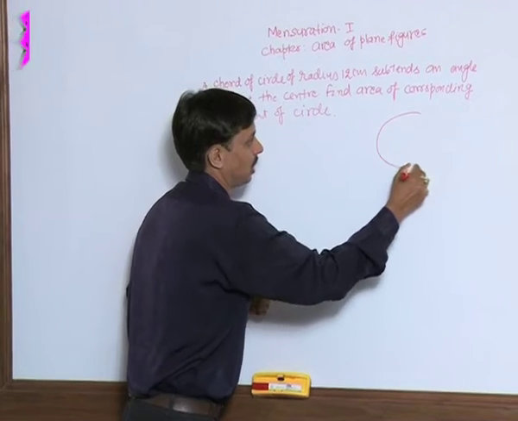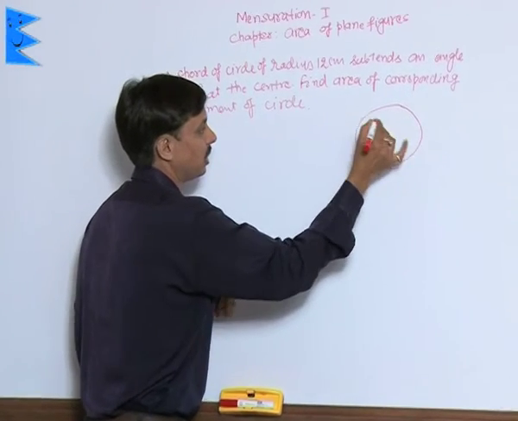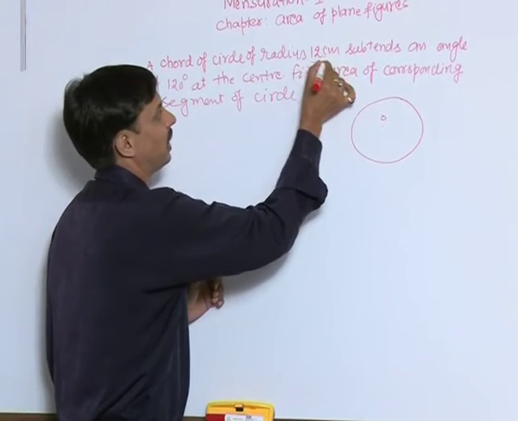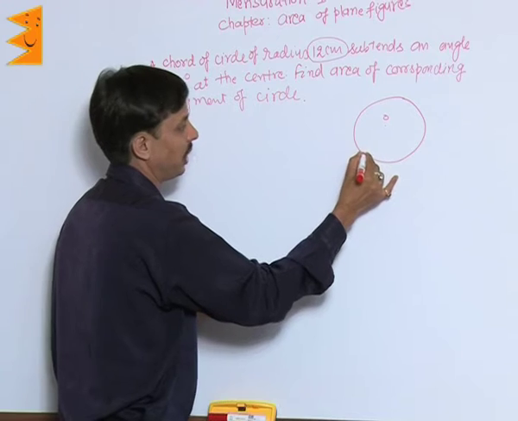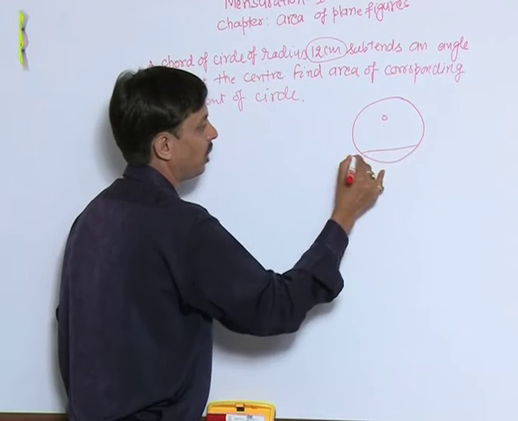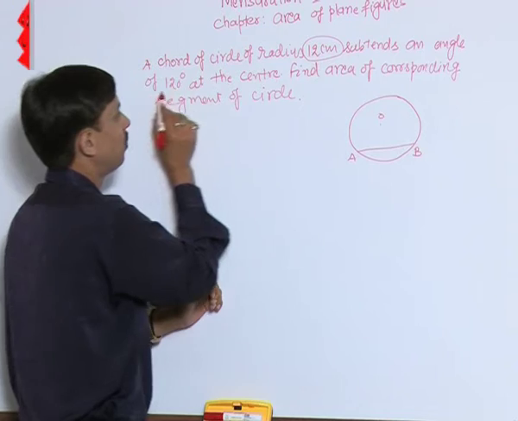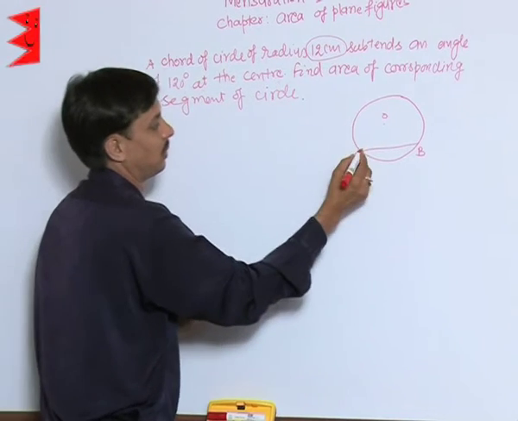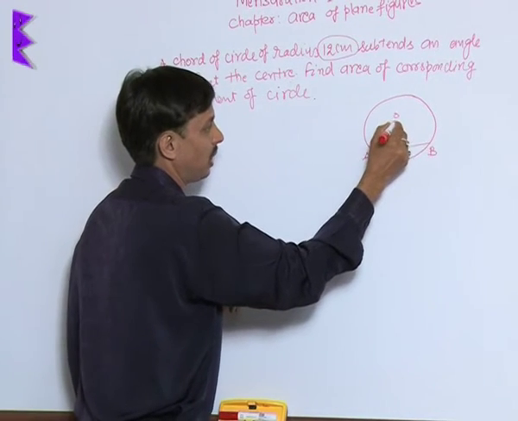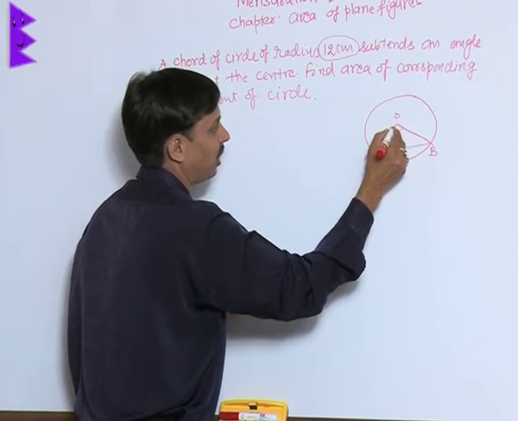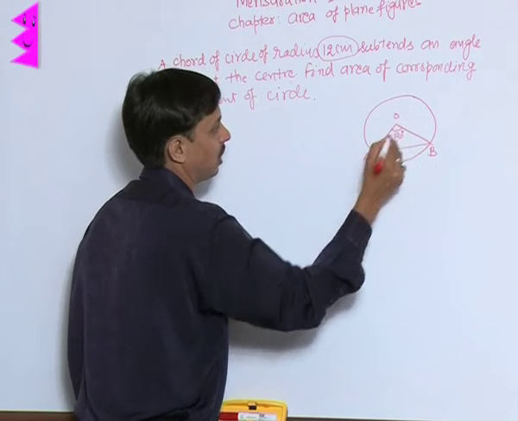There is a chord that subtends an angle of 120 degrees at the center. So this chord is making an angle of 120 degrees at the center of the circle.